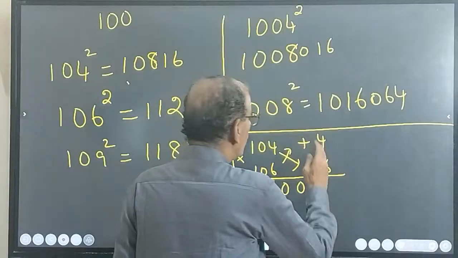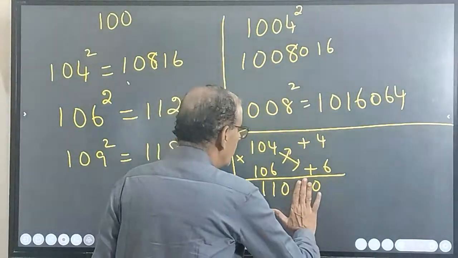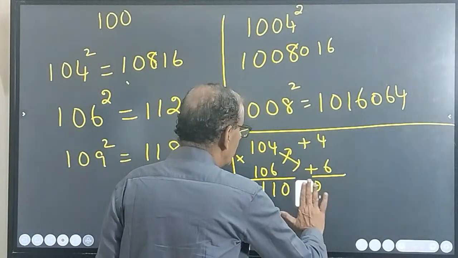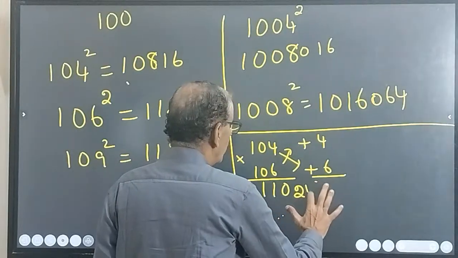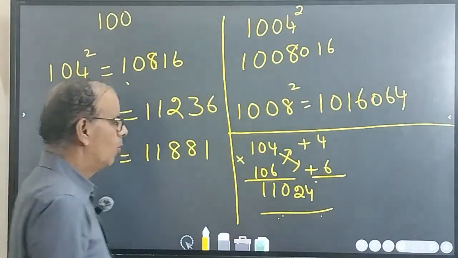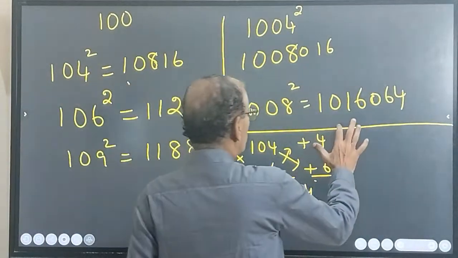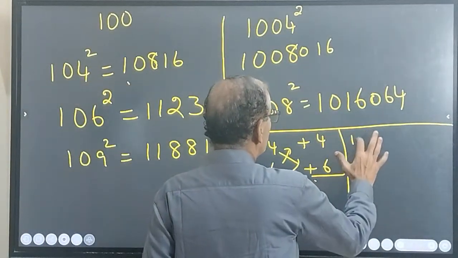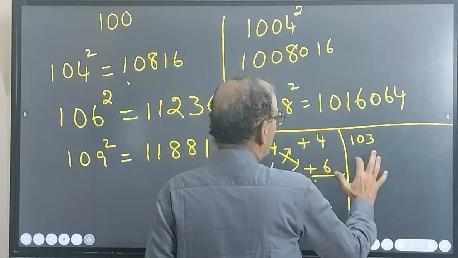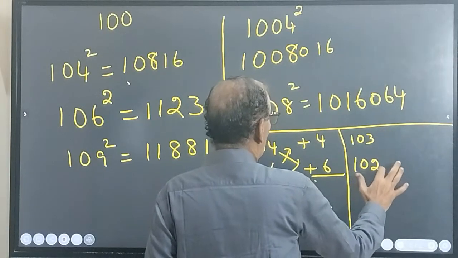Now you multiply 4 into 6, how much? 24. Just you remove this one. Write 24. What is the answer? 11024. Any number you can do. Suppose 103 and 102. How much will it come?